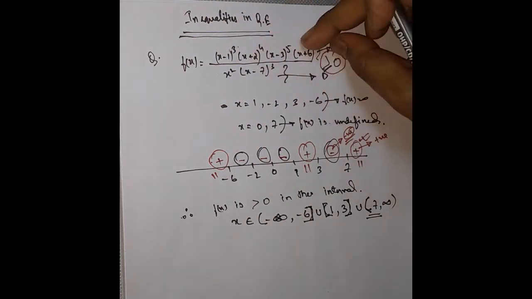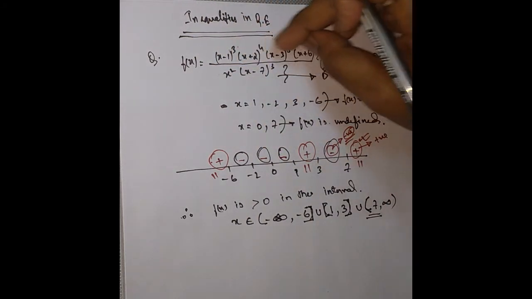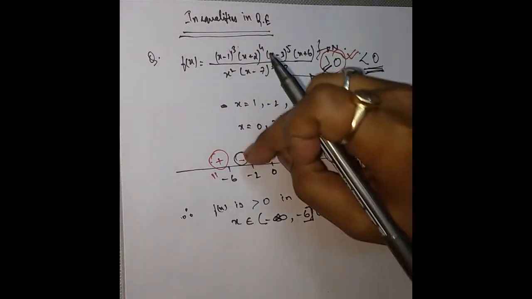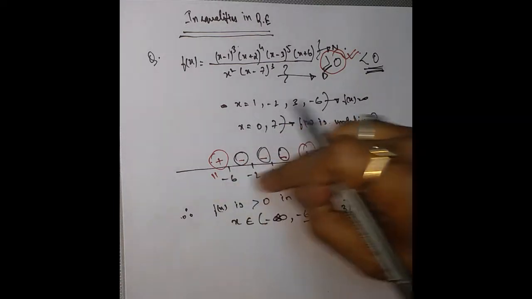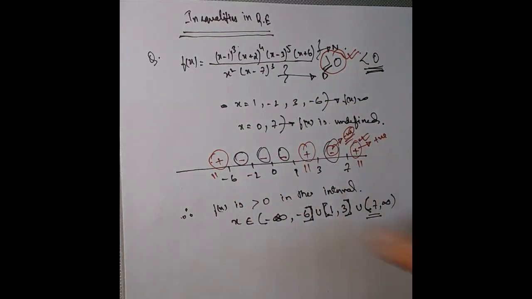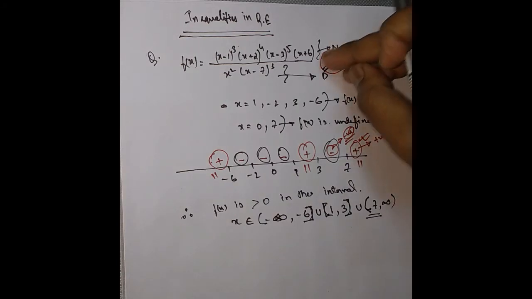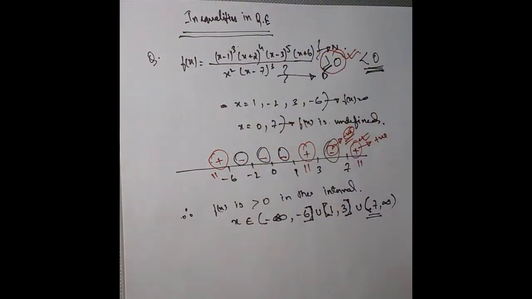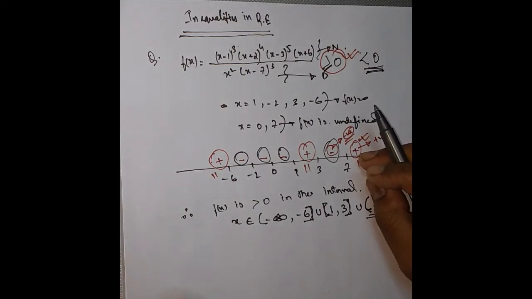Arrange them, see the power of each term, and then plot on a number line with plus and minus. Then you get the intervals where they are positive, where they are negative, which value to take and which value not to take. So you will get it very easily.